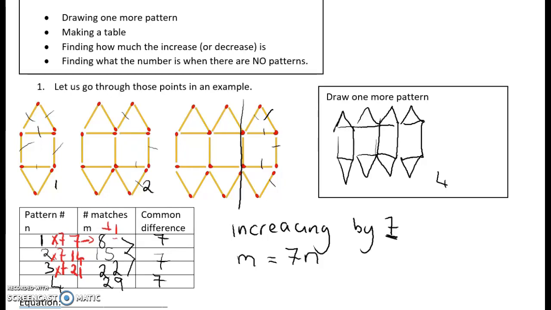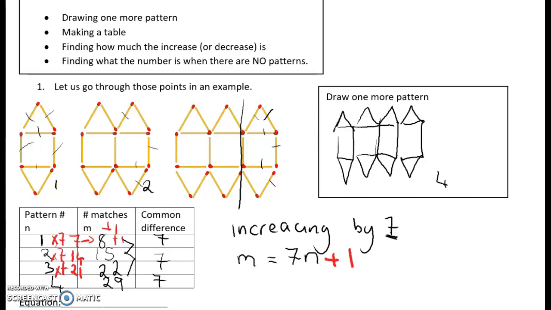Yep, I now added another 1. So each time I am adding 1. Once I've timesed my term number by 7, I have to add 1 to that answer to get the number of matches I need. So I can tell that my number of matches for each of these is 7 times the term number, add 1.